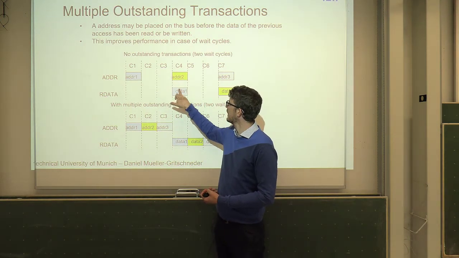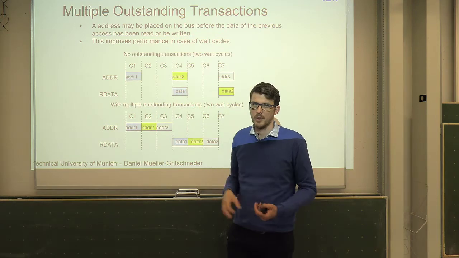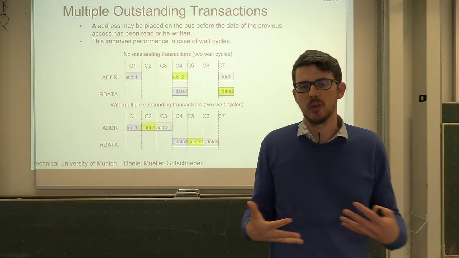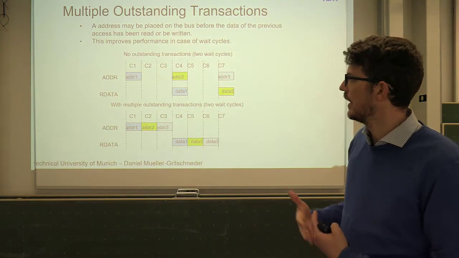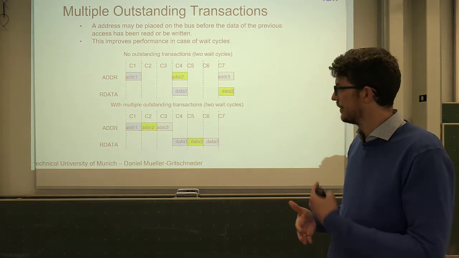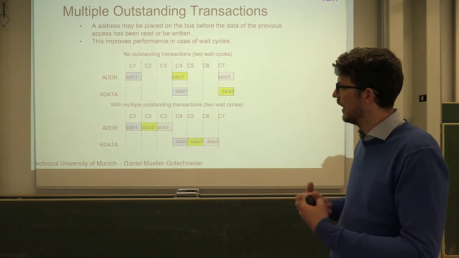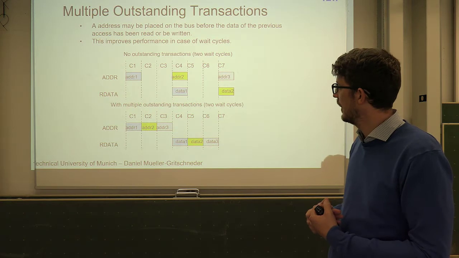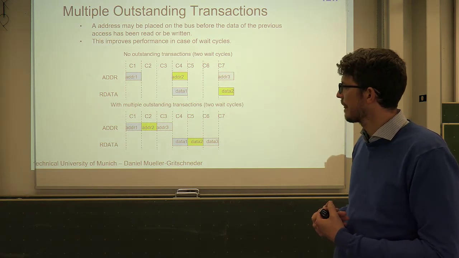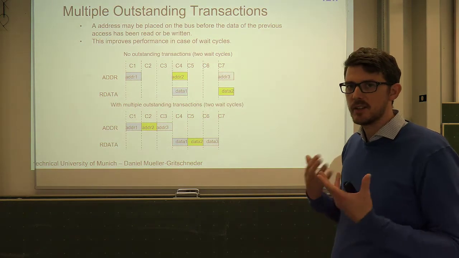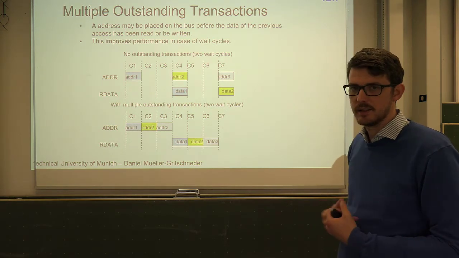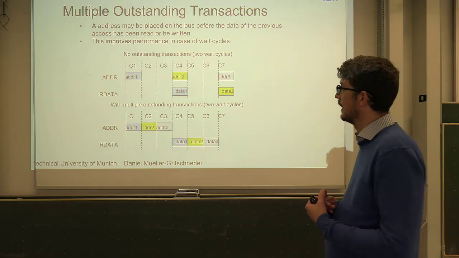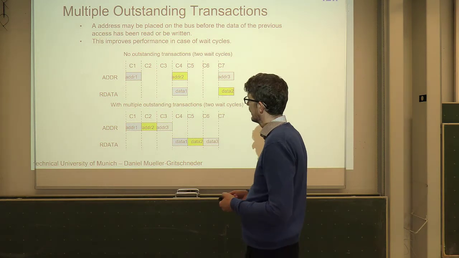It's not starting when the data from the first one is coming back, right? So the waiting times of the different transactions now overlap, and therefore it goes down, as you can see here, right? So this is also a nice feature, especially if you have very slow targets in your processor or in your system, in your SoC actually.